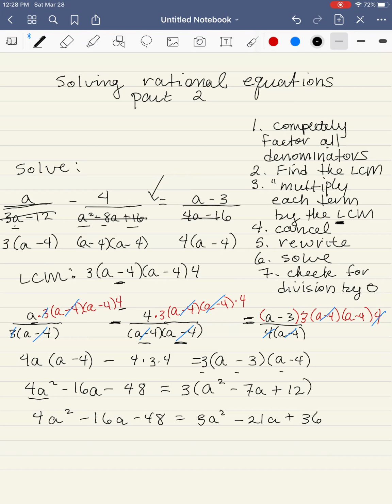So we can use our standard combine like terms, keep a squared positive, set it equal to 0, try to factor. Pause the video and finish solving this equation. All right, I have 4a squared on the left, 3a squared on the right, so I'm going to move everything to the left to keep the a squared positive.